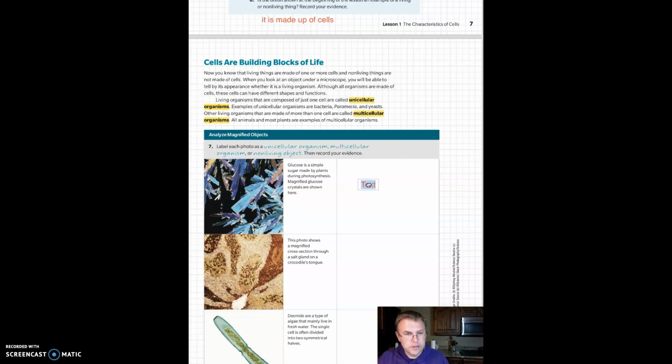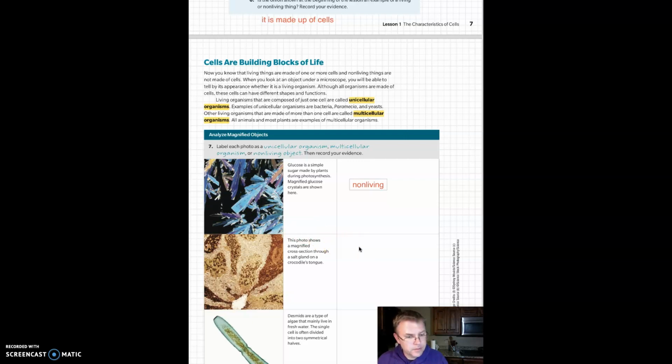Glucose is going to be non-living. The main reason is that if you look in the picture, you can see that it forms crystals. The formation of crystals is a chemical situation. You don't see living things that clump together into crystals.